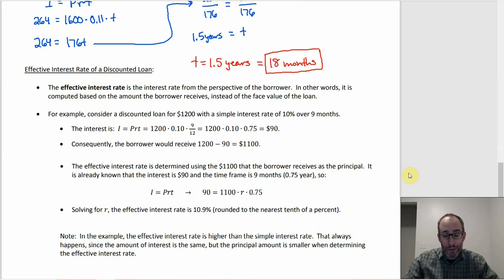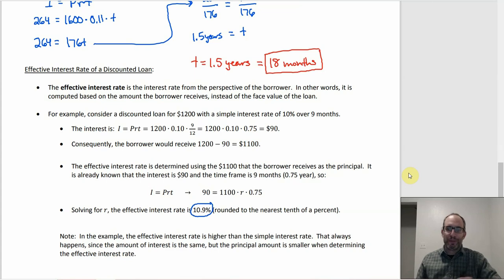P now, if it's from the perspective of the borrower, is 1,100. And then T is still 0.75. And then we have to solve for R. So if you multiply 1,100 by 0.75 and then divide 90 by that number, what you get is not 10%. It's 10.9%, rounding to the nearest tenth of a percent.